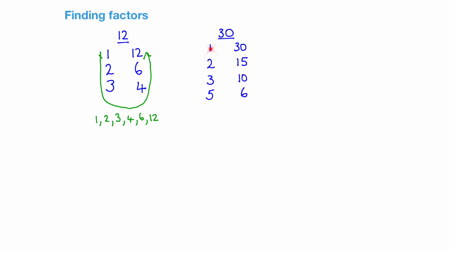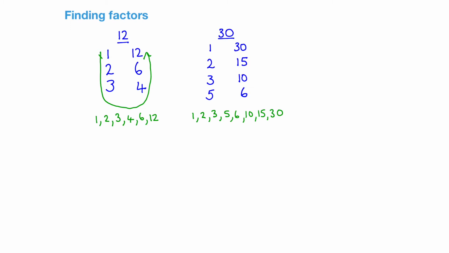And then when we list them, we come down this column and back up that one, and that'll give us them all in order. So it's 1, 2, 3, 5, 6, 10, 15, and 30. Okay, so it's quite a simple way of listing factors, and it makes sure that we get them all.